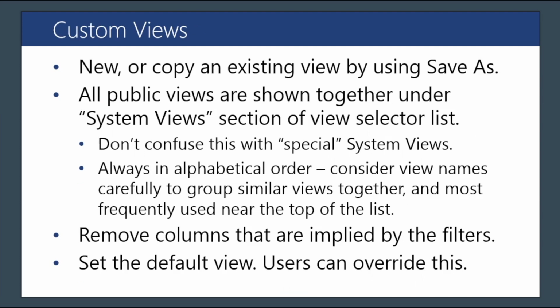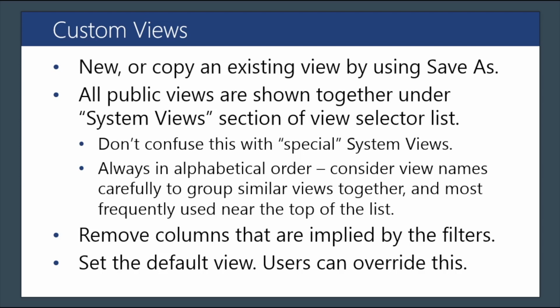Custom views. So you have the ability to go in. Of course, we have a lot of views that come with all of our entities out of the box, but you also have the ability to create custom views as well. And when you create these views, you can just take a current existing view and then do a save as and create a new view. So, for example, my open opportunities. Maybe I want to see my open opportunities that I haven't touched in the last 7 days.